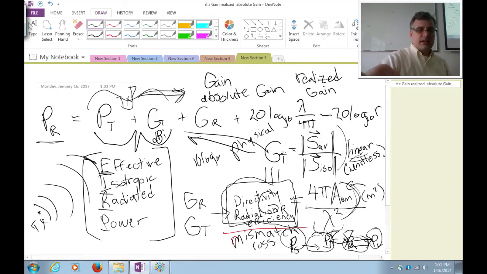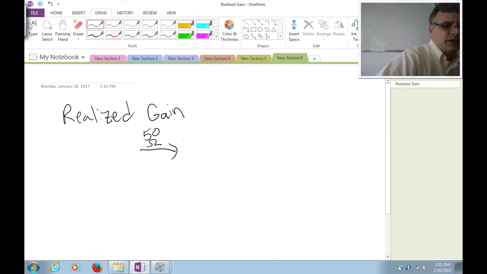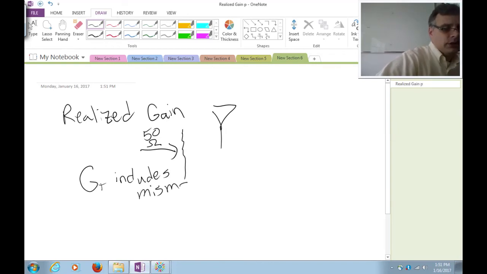And realized gain, just to clarify, usually assumes that you've got a standard impedance, 50 ohms, into the input of an antenna. And in this case, G sub T includes mismatch losses, in addition to directivity and radiation efficiency.